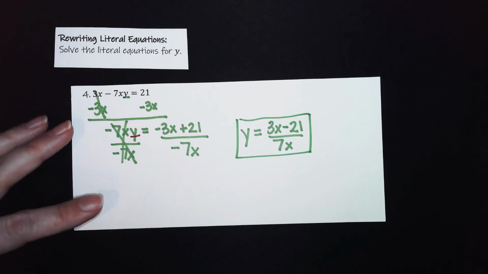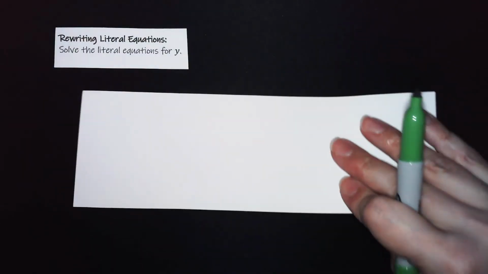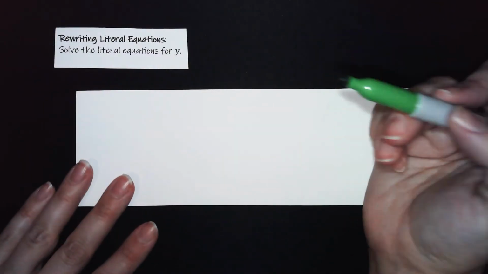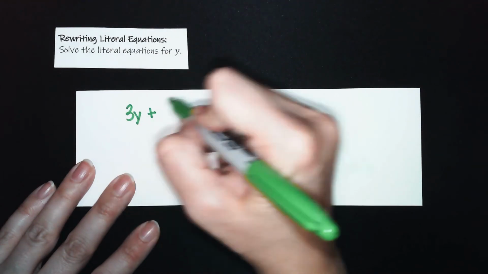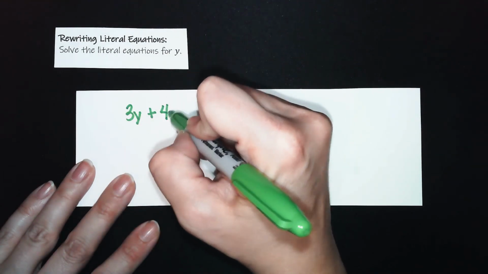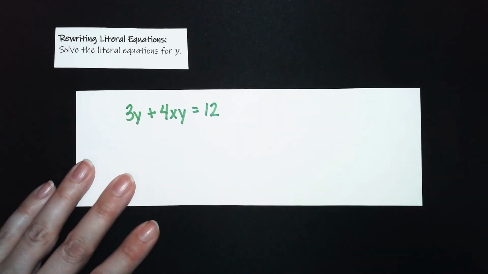Now, one thing I do want to point out, that when you get to the practice, you might have a problem that looks kind of like this, where you would have 3y plus, I don't know, 4xy equals 12. I'm making this problem up.